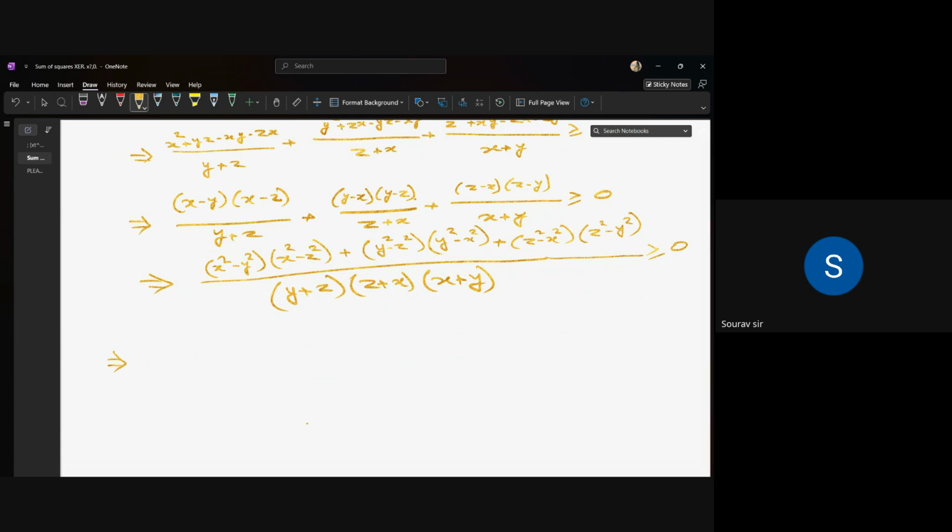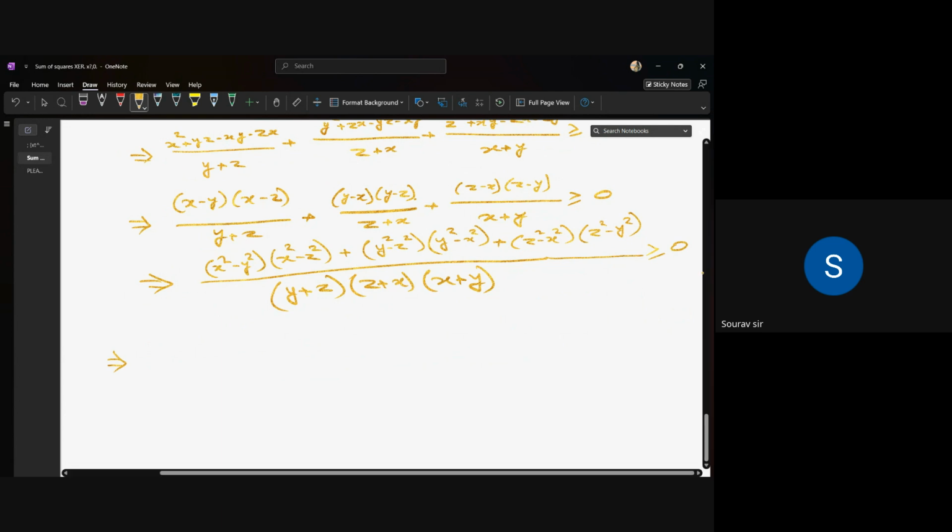So if we move the denominator to the right hand side, then basically we will have the numerator, and if we expand this, we will get, and this thing is very familiar to us.